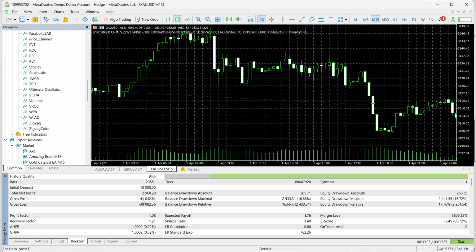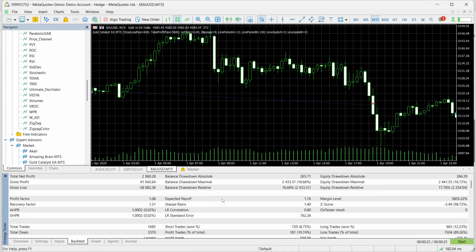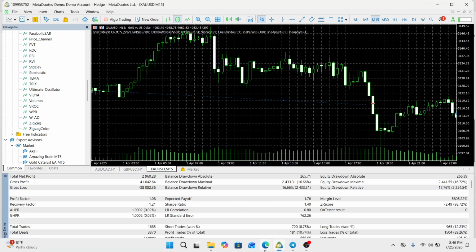When I use the default settings, the specialization helps handle gold's volatility. So compared to general EAs, the Catalyst focus gives it an edge on XAUUSD. However, gold requires careful risk management. Honestly, the features that matter most are volatility filters, risk settings, and broker choice for gold. The Catalyst logic seems effective.